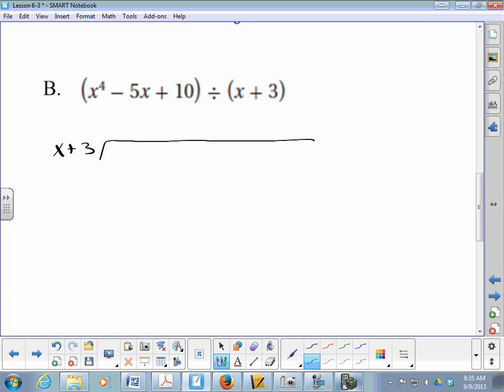Dividend goes on the inside. And if we're missing terms, we put in 0. Okay? So we have x to the fourth plus 0x cubed plus 0x squared minus 5x plus 10.